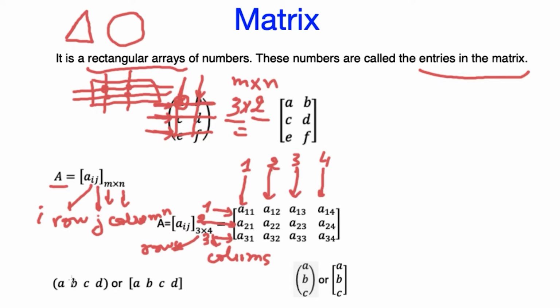And we call a matrix with just 1 row, like this one here, a row matrix. We can represent this with parentheses or with brackets, no difference. It has just 1 row, and in this example it has 4 columns. And the opposite, if we have a matrix with just 1 column and many rows, in this example 3 rows, we call it a column matrix.